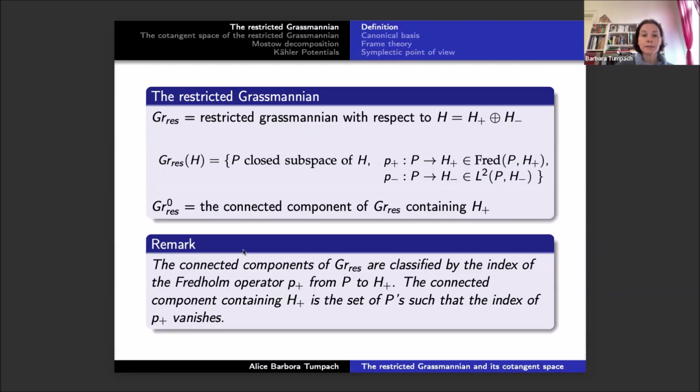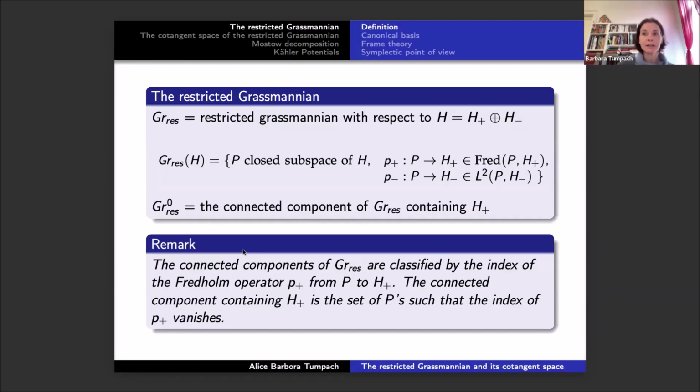And we will denote by GR_S0 the connected component of the restricted Grassmannian GR_S containing H plus. In all the talk, I will just speak about this connected component. I will avoid saying this is a connected component of H plus. I will just call it the restricted Grassmannian, but keep in mind that we are just dealing with this connected component.